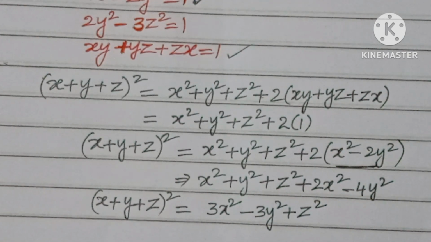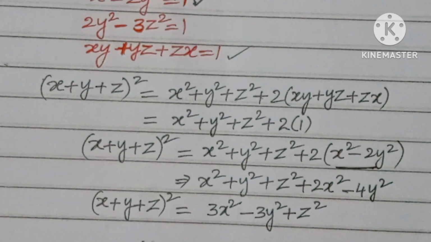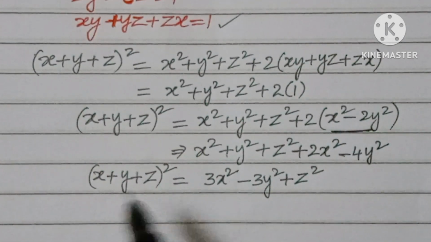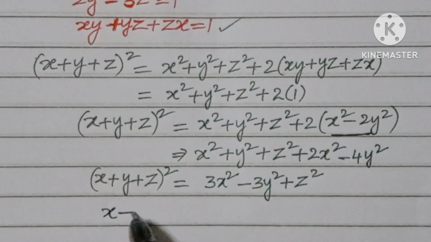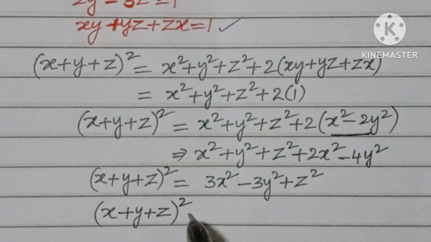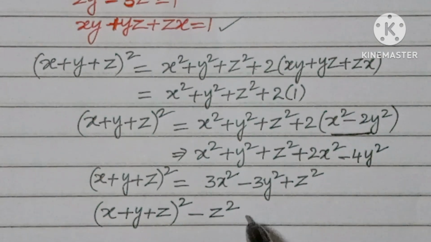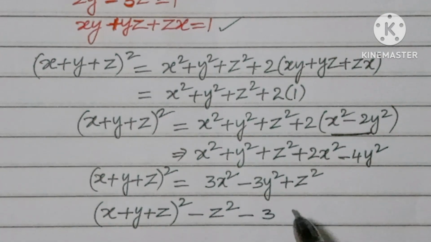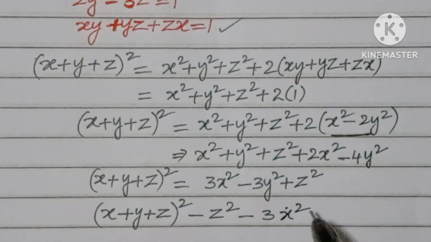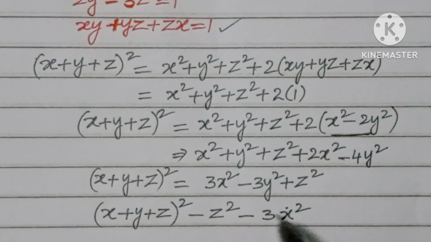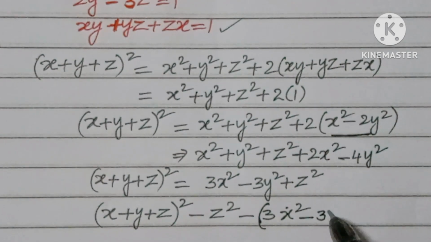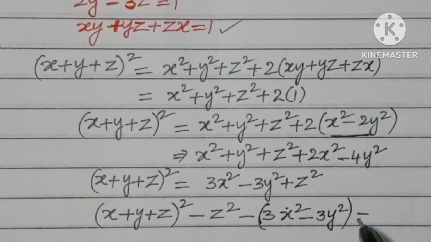Now sending all the terms to one side, what will we get? x plus y plus z whole square minus z square minus 3 into x square minus 3y square, if you take 3 common, equal to 0.